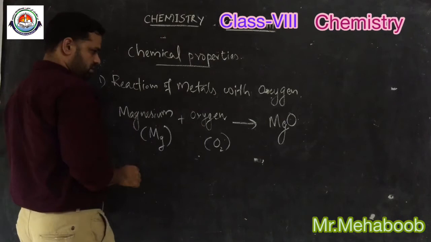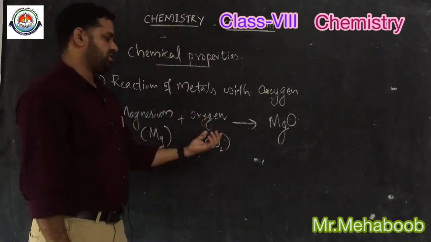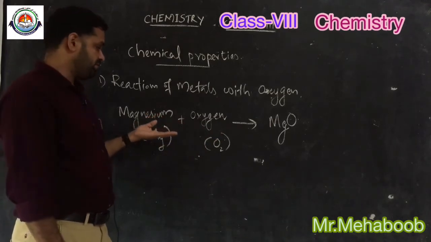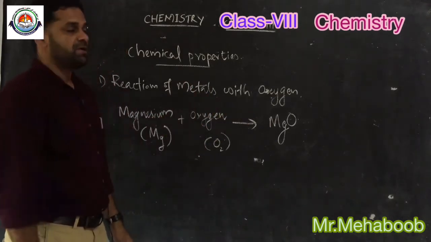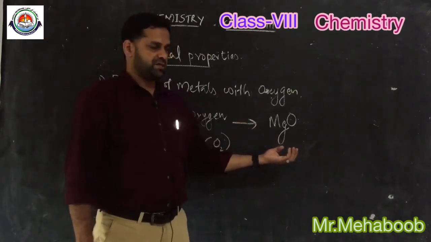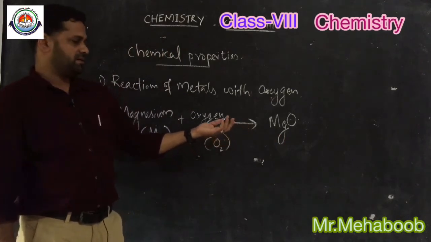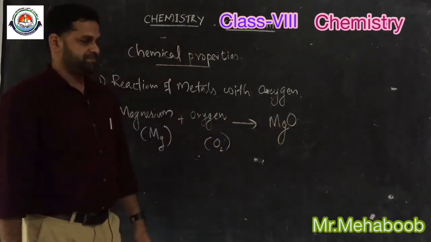This is the reaction happening between magnesium and oxygen: when magnesium burns in air, we get magnesium oxide. This magnesium oxide is the ash that we get, and that ash is called magnesium oxide.